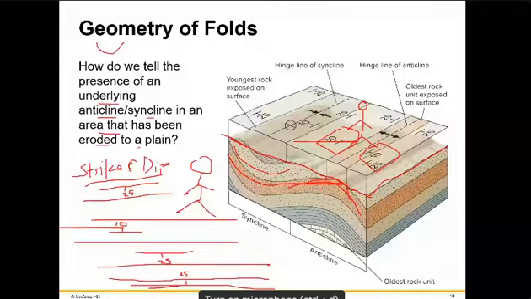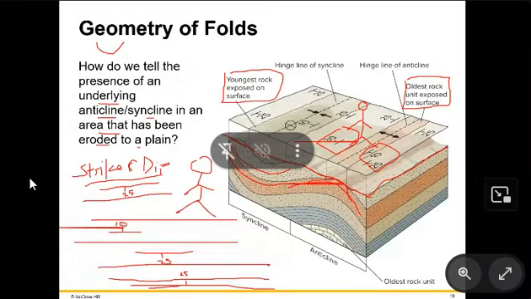Remember it has been eroded. So the oldest bed will be exposed at the surface, while for a syncline, the youngest rocks will be exposed at the surface after erosion. All right, and this is key. Let's say you date the rocks: the youngest rocks will be exposed at the surface after erosion for a syncline, and the oldest bed will be exposed at the surface after erosion for an anticline. Please take note of that. It's quite important.